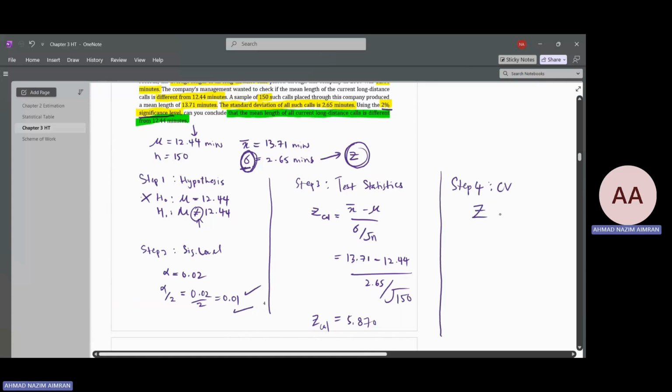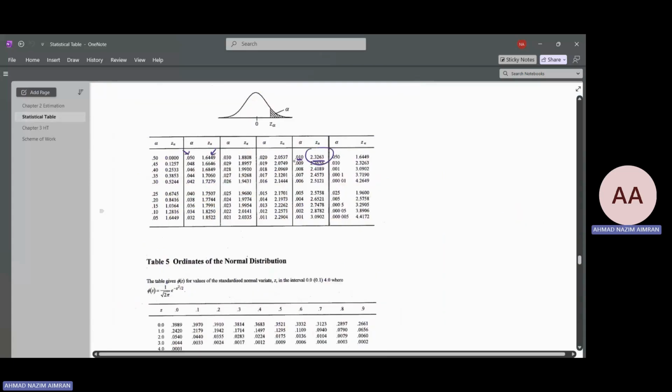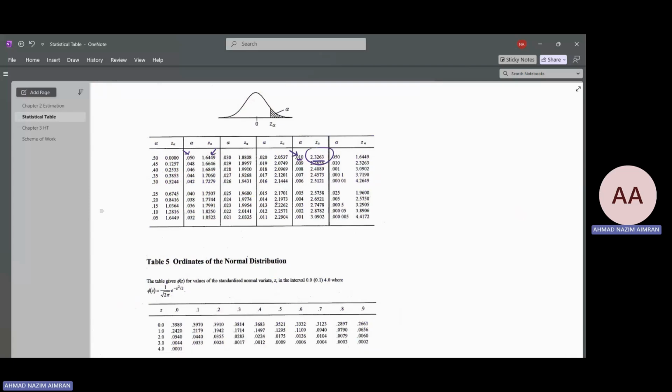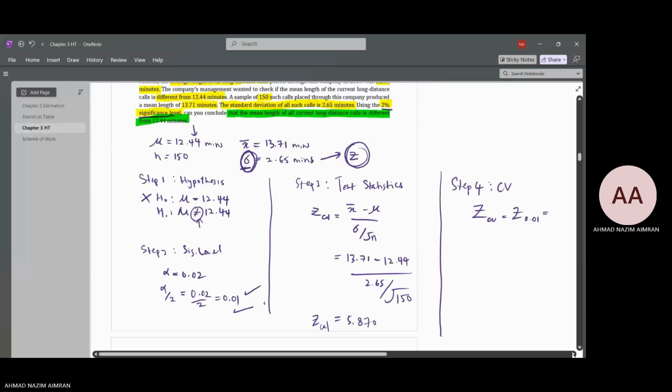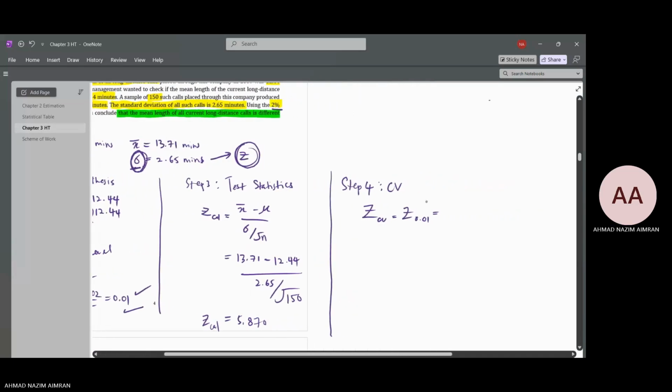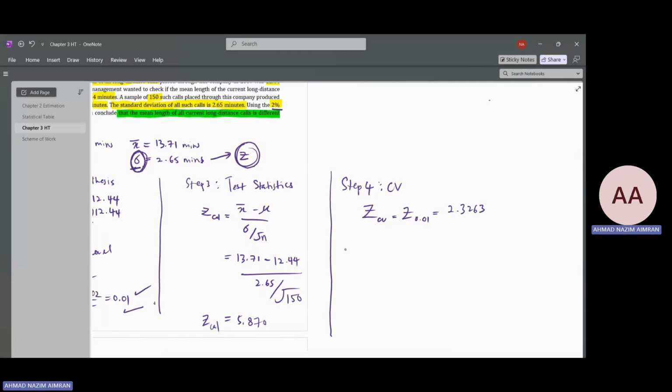So your Z critical value is equal to Z 0.01, and by referring to the statistical table, Z 0.01 is equal to 2.3263.